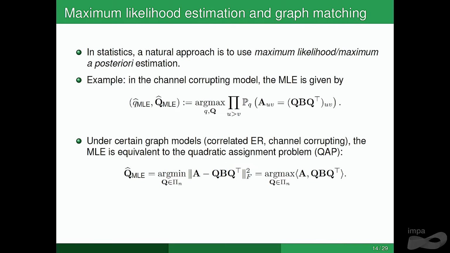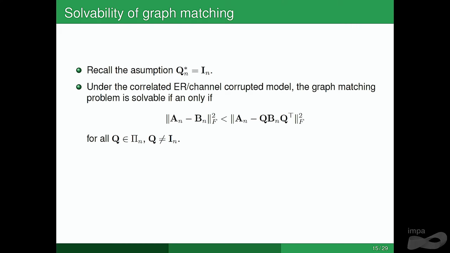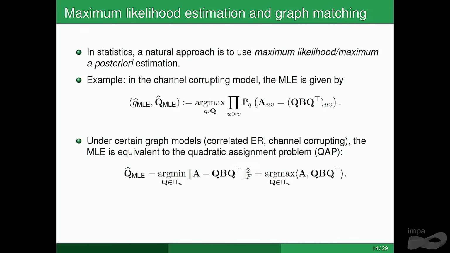We can alternatively write this loss function as the dot product between A and Q B Q transpose, or basically taking the sum over all the products of the edges of A and the edges of B after permuting the rows and columns. Again, here we are trying to maximize the similarity between the two graphs by finding the permutation matrix that aligns the correspondence between the two, right?